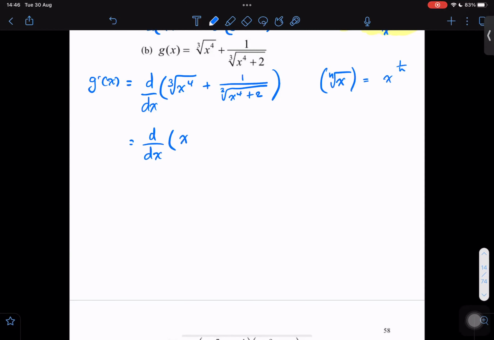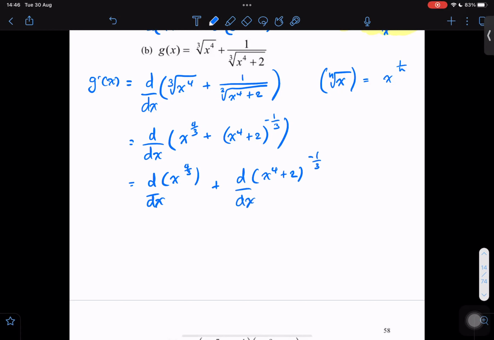This one will become x to the 4 over 3 plus x to the 4 plus 2, 1 minus 3. Now it's addition, so I can write it as d of x to the 4 over 3 dx plus d of x to the 4 plus 2 over 1 minus 3 dx.